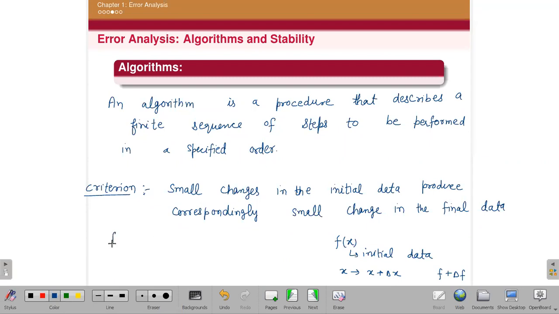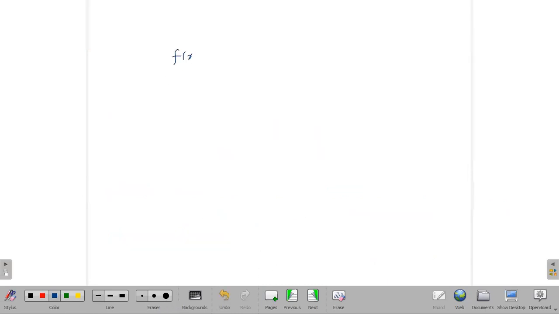So suppose I'm taking f of x is equal to cos x plus sin x by 2. Here I'm taking 2x, suppose. So f of x is equal to cos 2x plus sin x by 2, suppose.